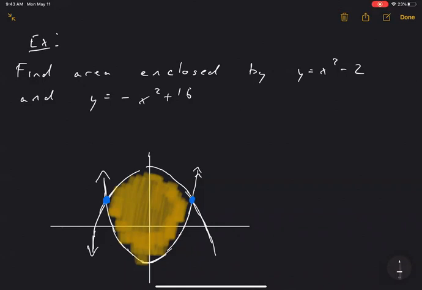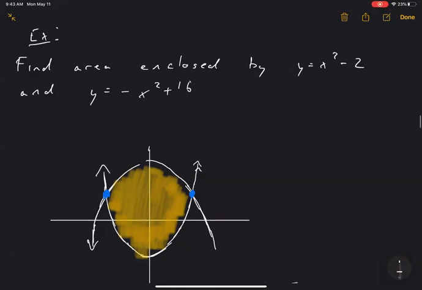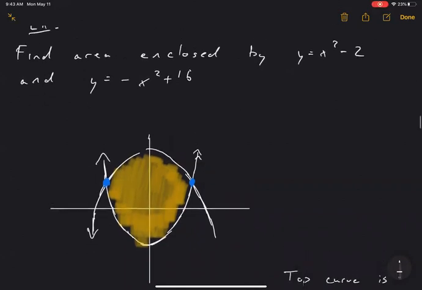And that's going to be our region, and we have to figure out the bounds of integration ourselves. So if I draw y equals x squared minus 2, that's going to be this upward facing parabola. And if I do y equals negative x squared plus 16, that's going to be this downward facing parabola.